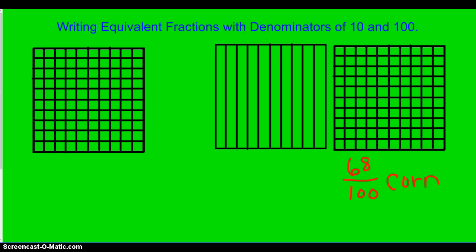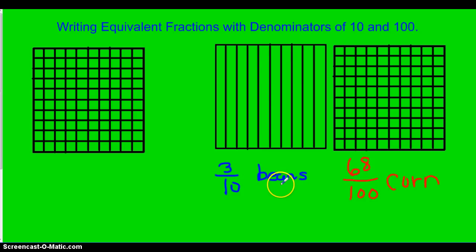And he planted 3/10 of beans. So what fraction of his field did he plant with beans and corn? Okay, so we're talking about combining these two amounts.